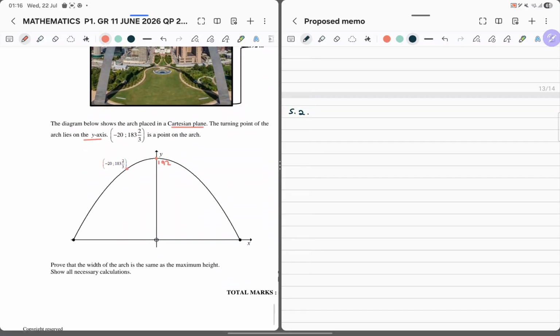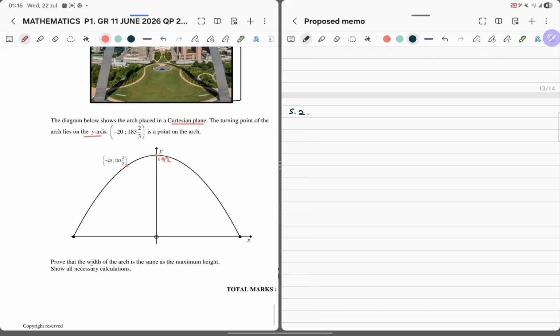Now the question says, prove that the width of the arch is the same as the maximum height. So what's the width of the arch? The distance between the x-intercepts.